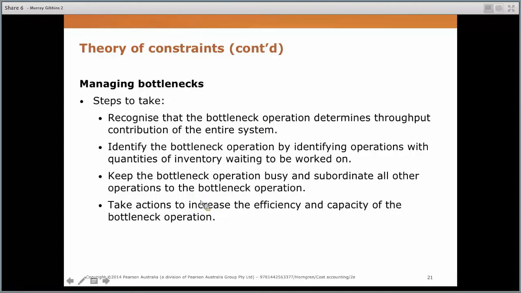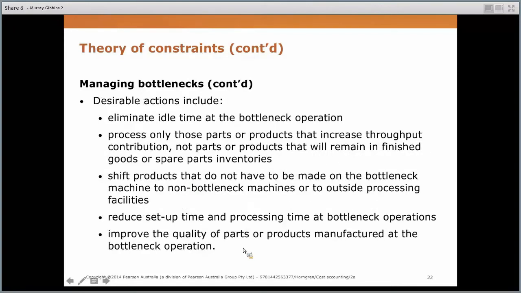So have some sort of contingency plan available for managing how we're going to deal with bottlenecks when they do occur. What's the best action to keep our operation efficient? There will be times when we have to ditch certain products and prioritize other products or services that are providing a greater impact on the bottom line.